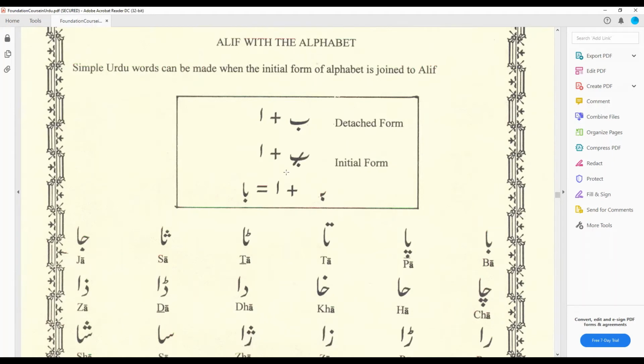If you cut ba in half and write alif with it, in the initial form of ba, it will become ba. And if you write one more ba with it, it will become baba. Baba is what people mostly call their father.